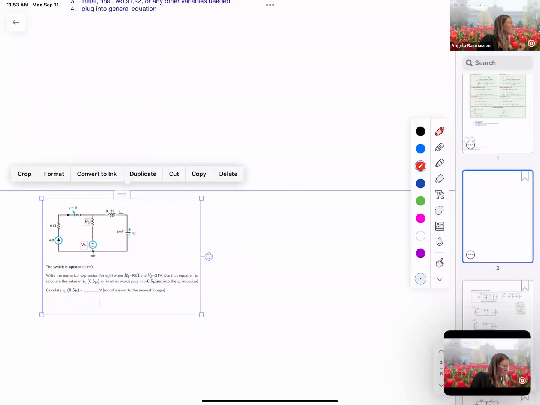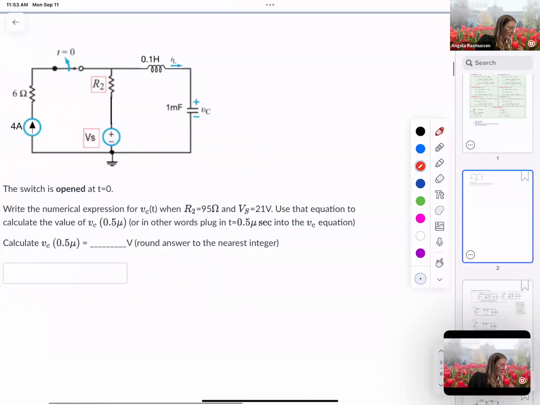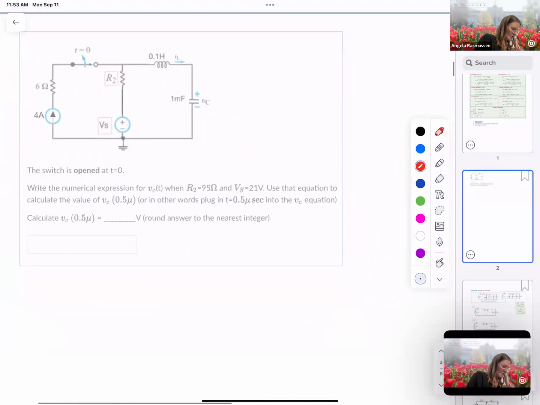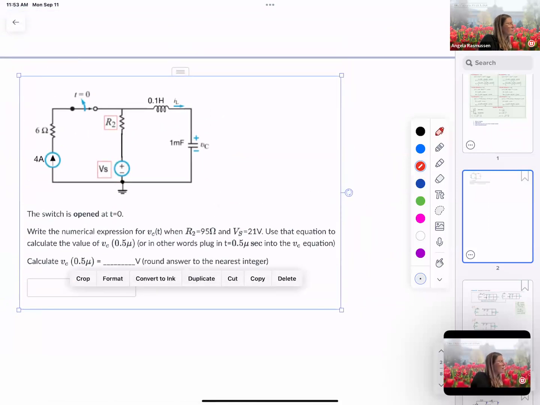Right, so this was the quiz. This is an example of a quiz question. So you're saying on this one? Yeah, on that problem, we're looking for an IC.